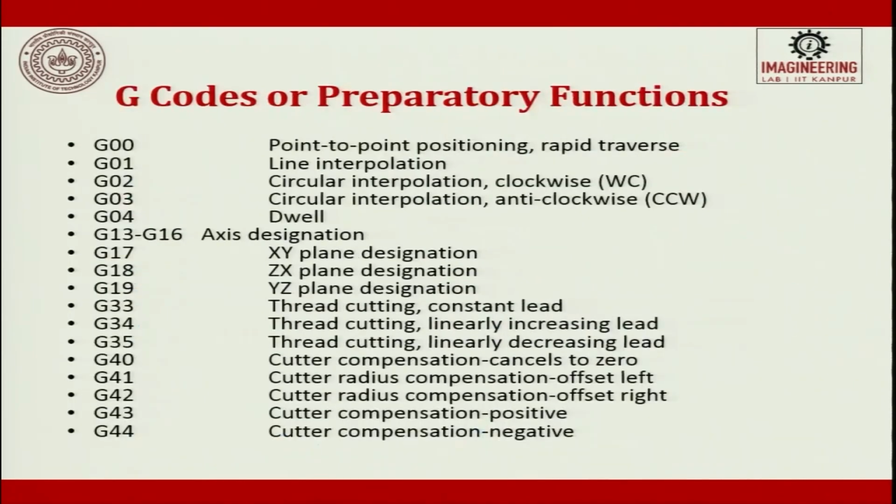Now, let us see the preparatory codes or G codes. These are the standard codes which ISO has given and people have to follow. G00 is point to point positioning and it is rapid traverse. For example, in air I am moving the tool from one position to the other position. Here what I do is the feed becomes infinity, that means to say the maximum possible speed.